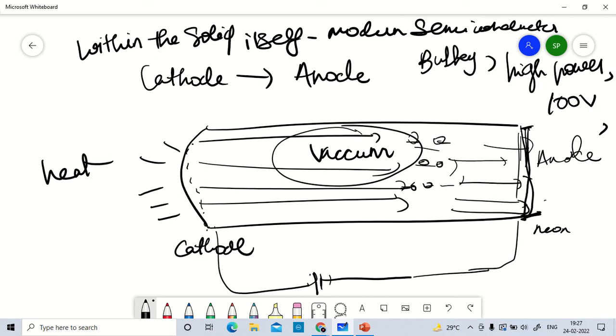So in television and computer monitors earlier, they used to have cathode ray tubes. But nowadays this principle of vacuum tubes got replaced by LCD, liquid crystal display, which supports solid state electronics, in which modern solid state semiconductors are used.